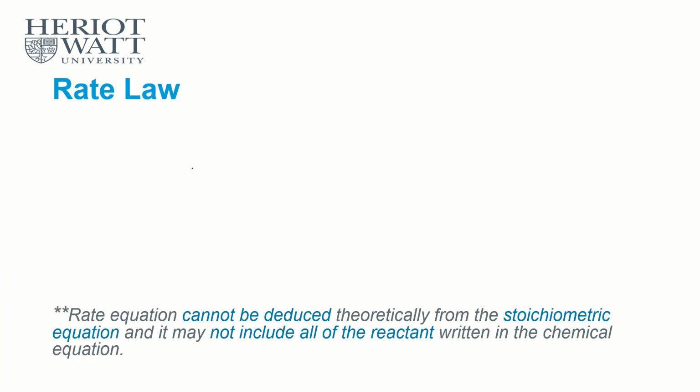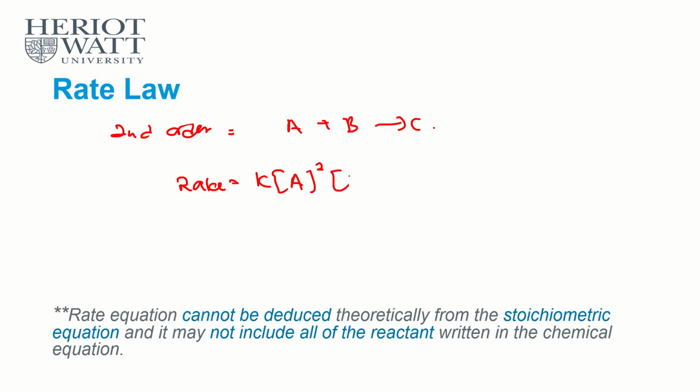You got that? And what about second order? Let me show you an example. If it is second order, let's say I have again A plus B equals to C, and the rate equation gives you k concentration of A power 2, concentration of B power 1. What we can see from here is A is second order, B is first order.